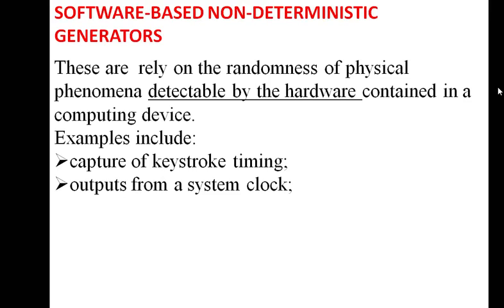And now the software based non-deterministic generators. These rely on the randomness of physical phenomena detectable by the hardware contained in a computing device. Examples include capture of keystroke timing and outputs of system clock.